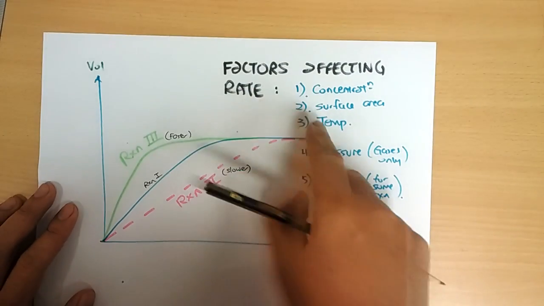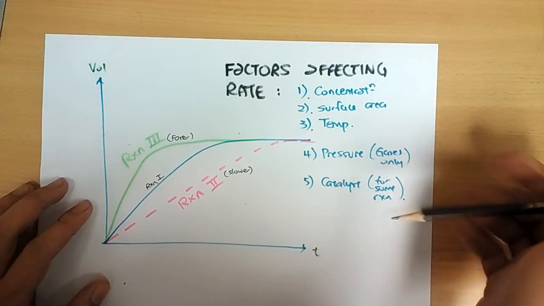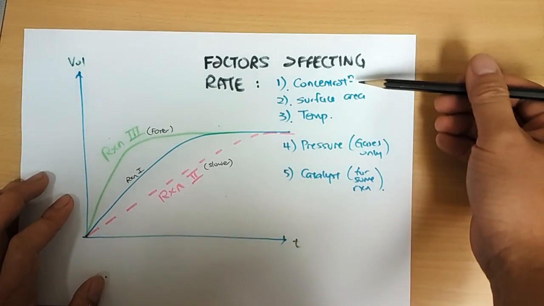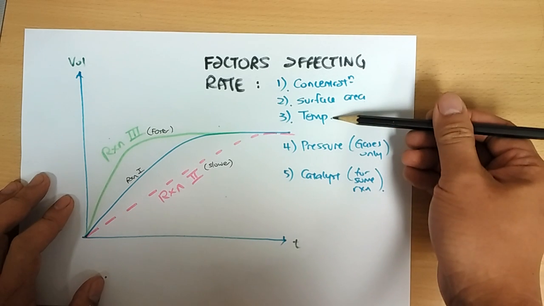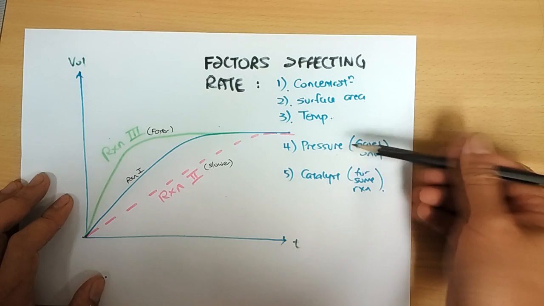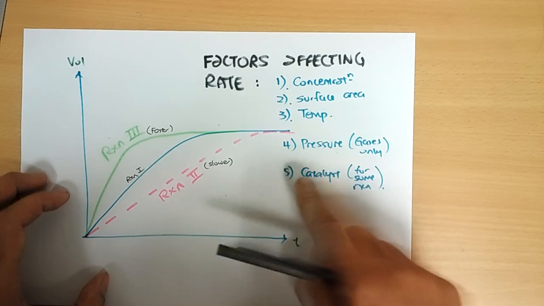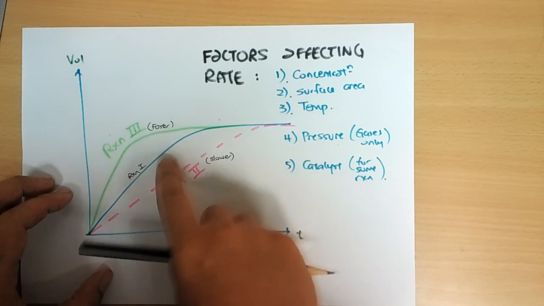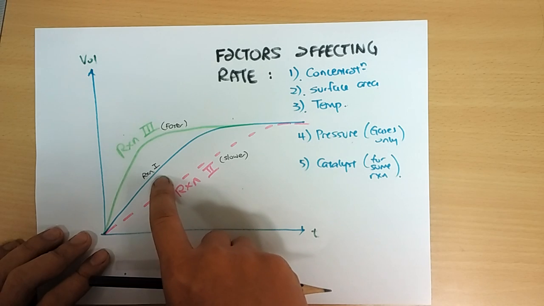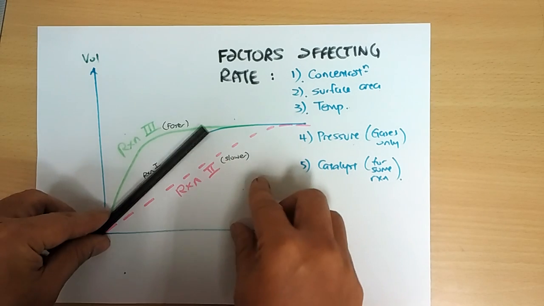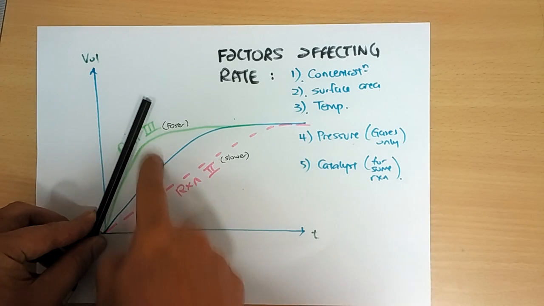Now the speed of the reaction and the rate of reaction are affected by 5 factors: concentration of the solution, surface area of a solid, temperature of the solution, pressure for gases, and catalyst for some reactions. If a reaction is faster, let's say blue is the original reaction, reaction 1, the gradient will be steeper and the reaction will end earlier.